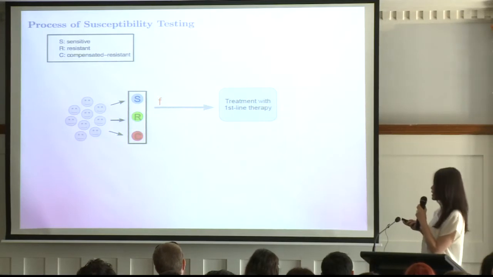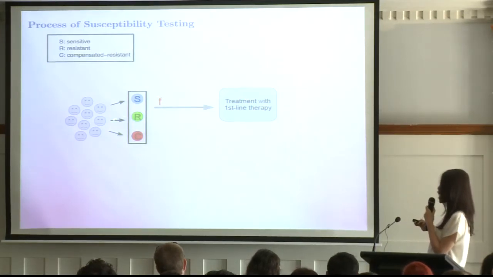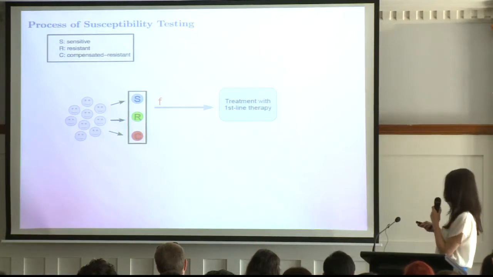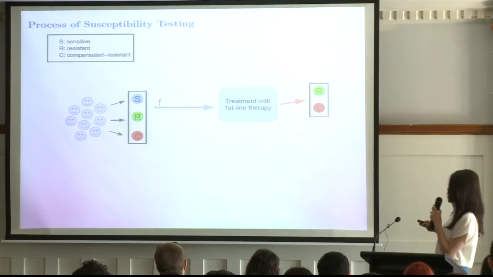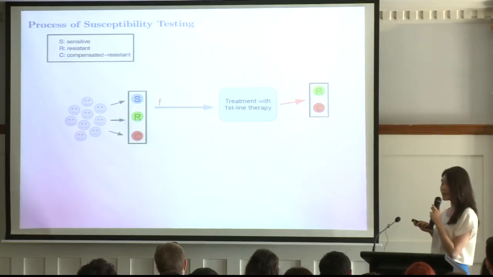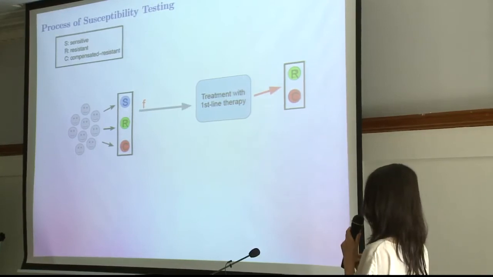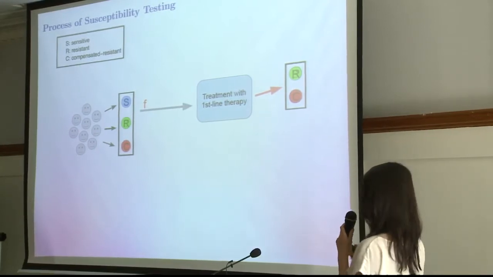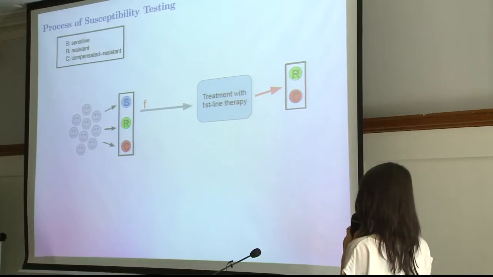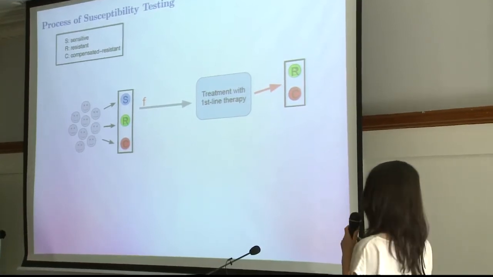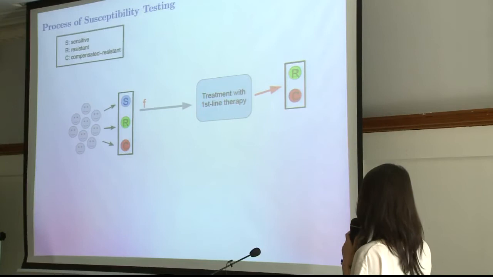Traditionally, a proportion F of our infected individuals are directly treated with this first-line drug. This may lead to a consequence that patients infected with R and C strains would not be treated as effectively as the sensitive case. And this would also give extra time or chance for the resistant bacteria to evolve to become compensated resistant.